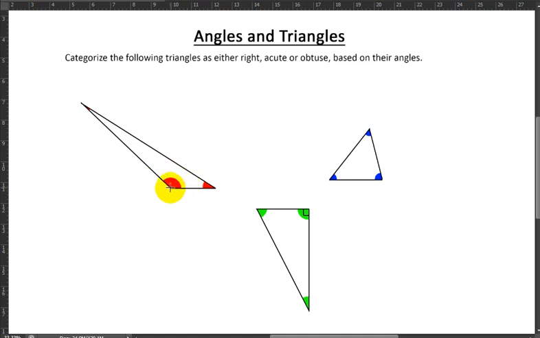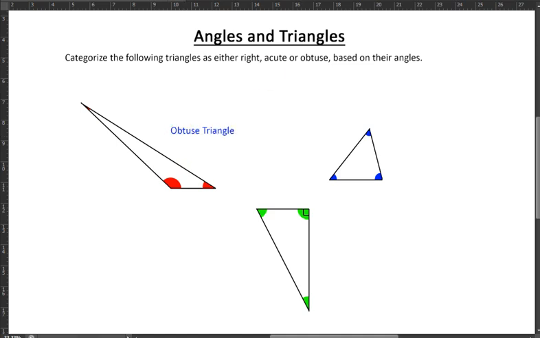If I wanted to make it a right angle, it should be something like this, but it's actually much more open. So this is an obtuse angle. So here, the red is an obtuse triangle.